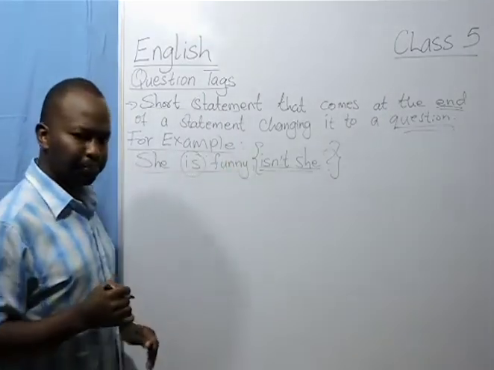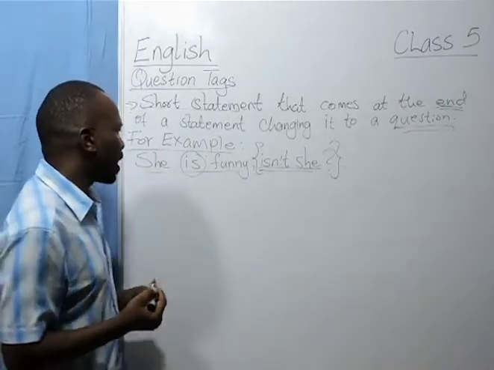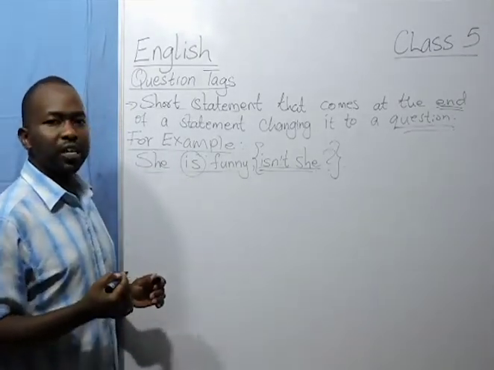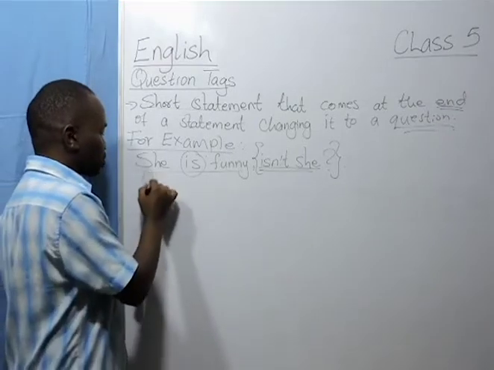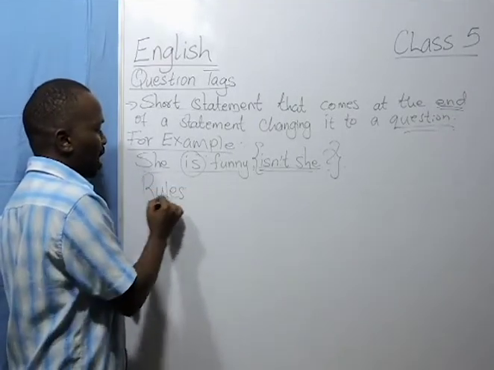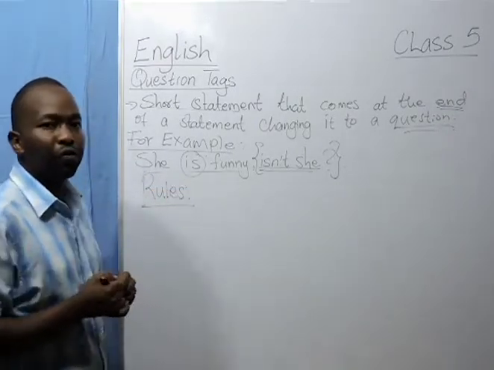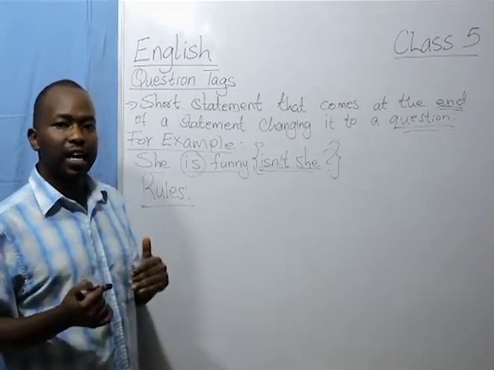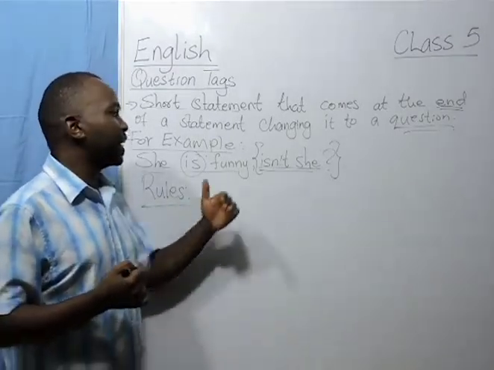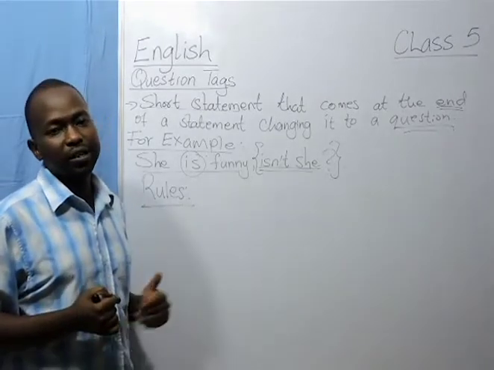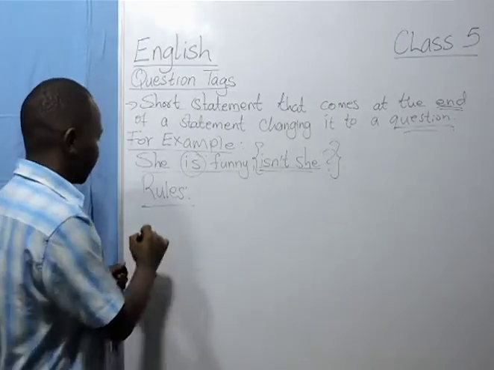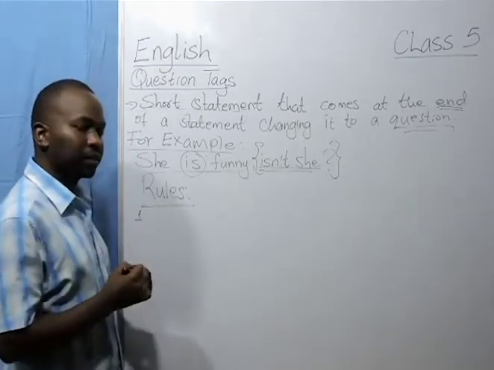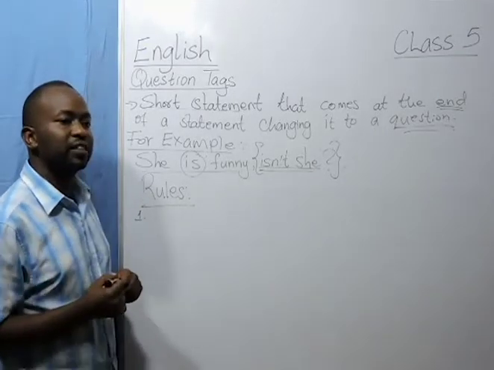question. Now, whenever we are forming question tags, there are certain rules that have to be followed for you to get the correct tag in each statement that you write. Now, rule number one. Yes, somebody wants to try.